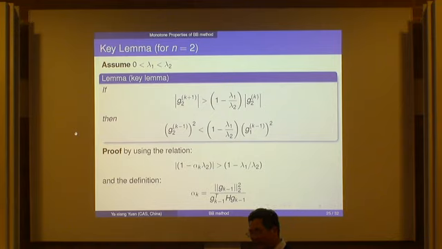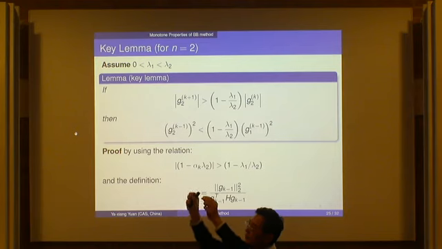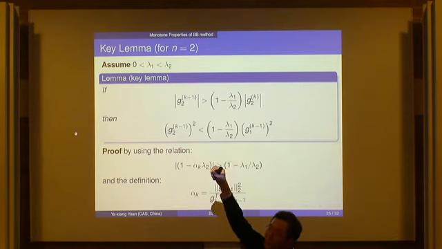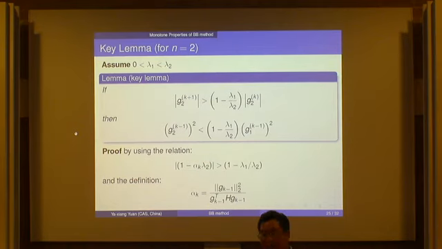So I have two cases. Either this component will be reduced by a fraction. If this is not the case, then two iterations before, at k minus 1, the one will be very, very small.